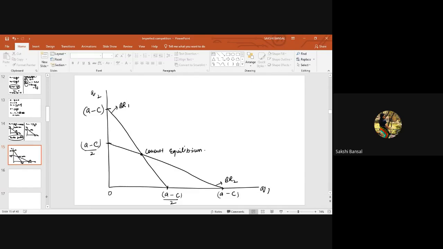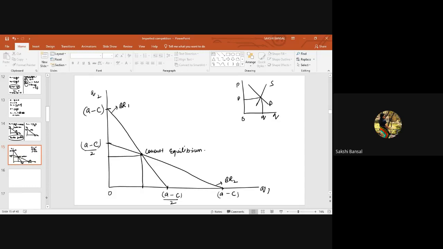When we solve a normal demand curve, I have demand and I have supply, and when we solve these two equations, I get the equilibrium price and quantity. Similarly, if I am solving these two curves, the unique point is what? The intersection of these 2 curves.